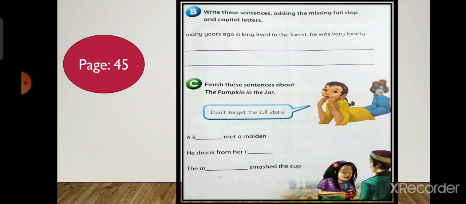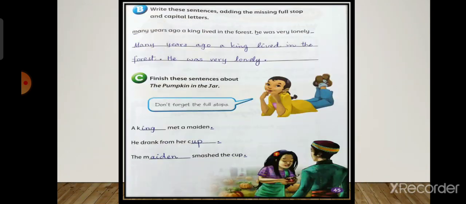End the sentence with a full stop. Now look here. You will complete the spellings in this way. King, cup, and maiden. Check your spellings.